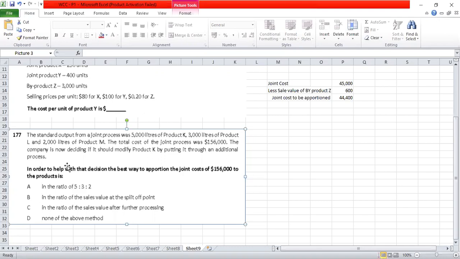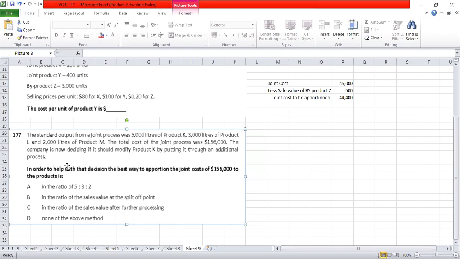First, we have to only focus on the method in which the joint costs have to be apportioned. So from the given set of information, we can take it up as a physical measure, or we can take the sale value at the split off point, which we did in the previous question. Or sometimes when all three of them are further processed, then we also consider the further processing, and in a way we come back to the split off point and decide on that.